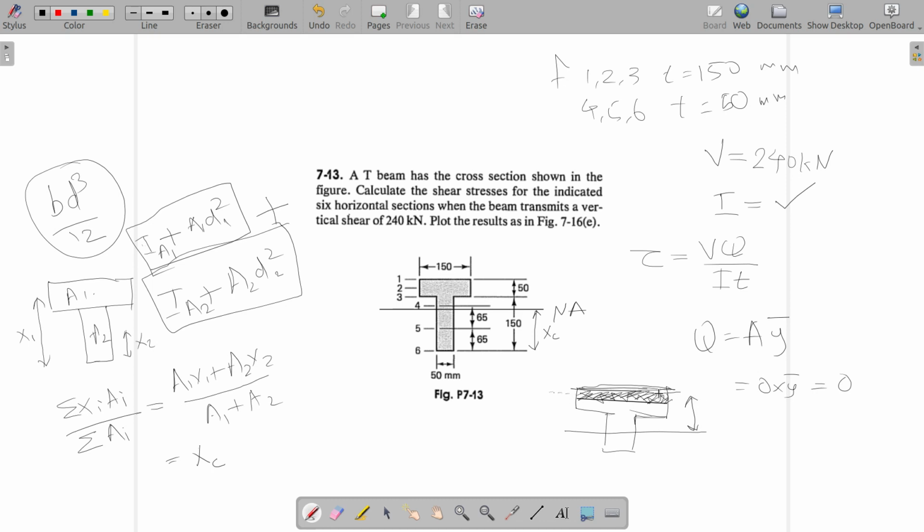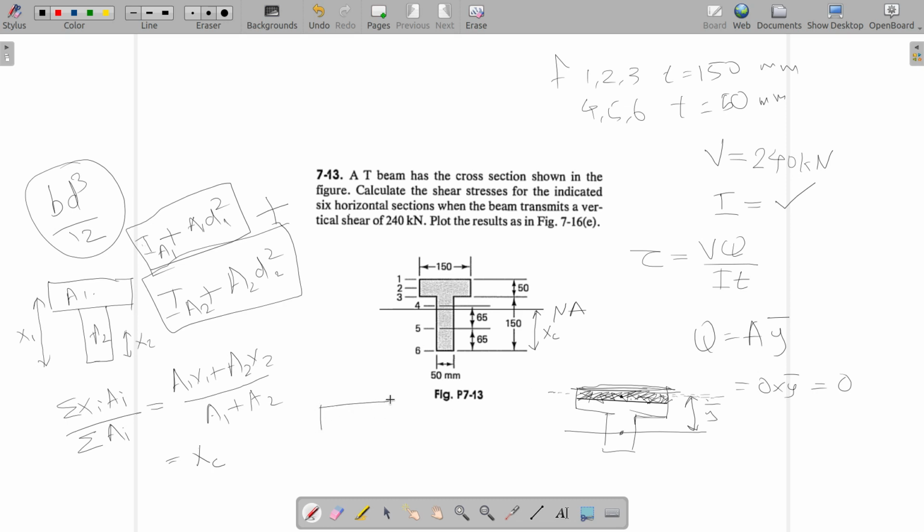So the centroid of the area which we have shaded here will be located at the geometrical center of the shaded area, and the distance between the geometrical center of the shaded area and centroid of the whole section, the distance between these two, will give you y bar. So this area multiplied by this y bar will give you Q for section 2.